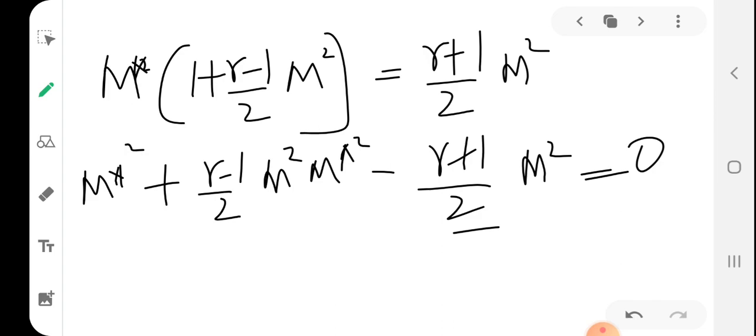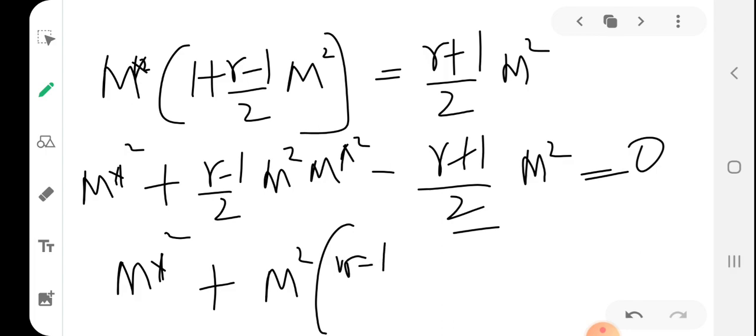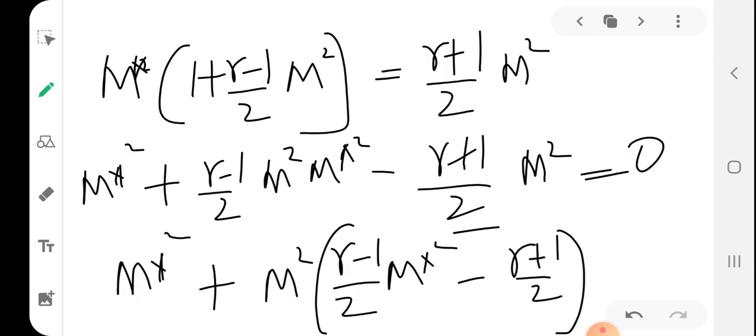So grouping the Mach square terms together: Mach star square plus Mach square into gamma minus 1 by 2 Mach star square minus gamma plus 1 by 2 is equal to 0.